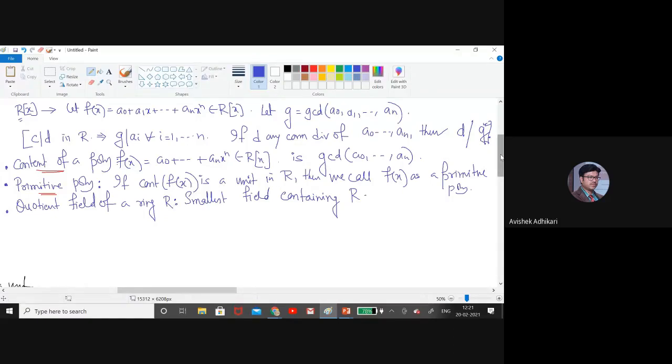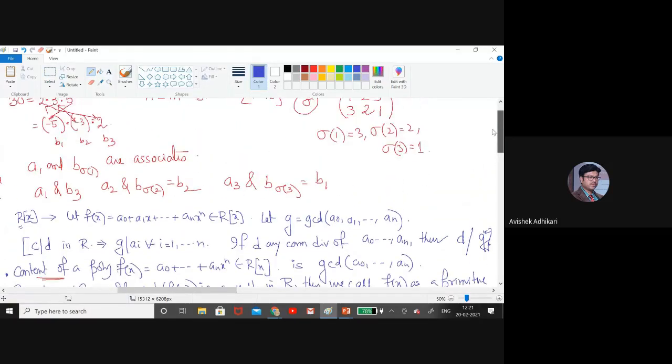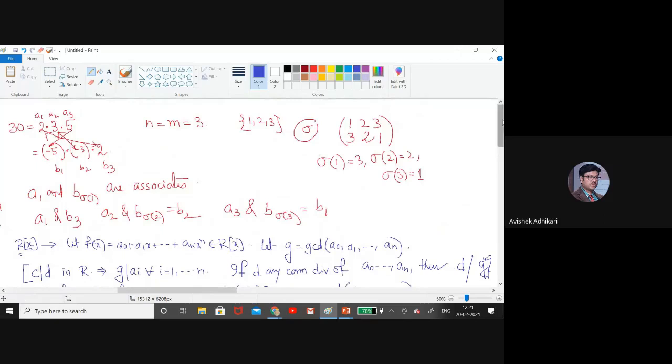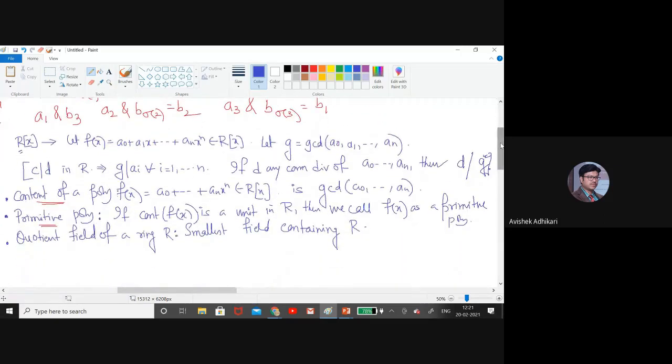So at the beginning we consider R to be an integral domain, because in one of the classes I already mentioned embedding. Suppose you have a ring R and you want to find the smallest field containing it. For example, if R is Z, then the smallest field containing Z is Q.